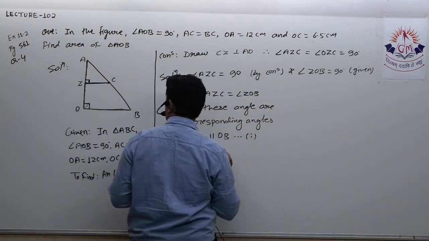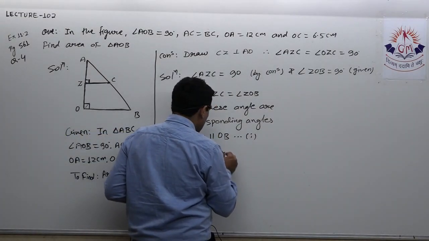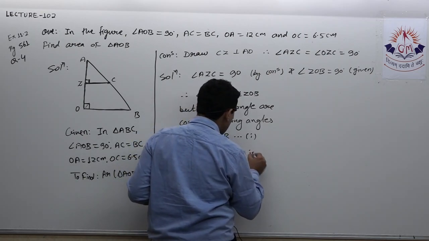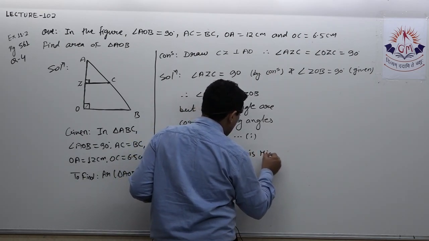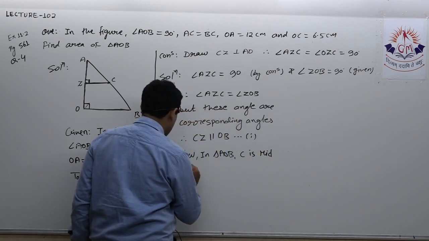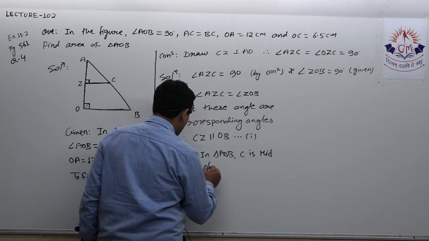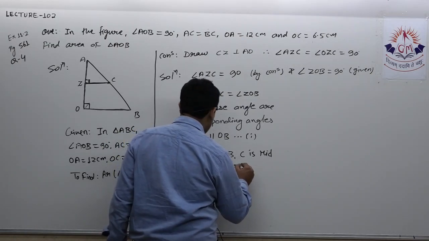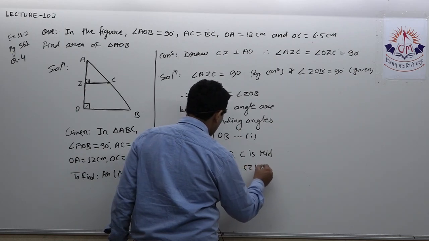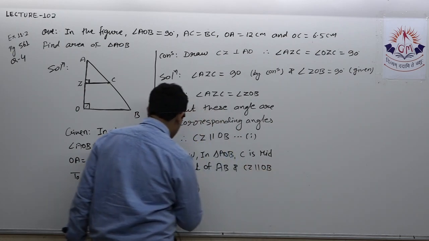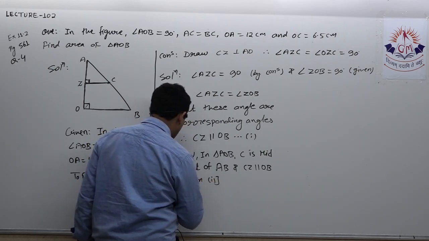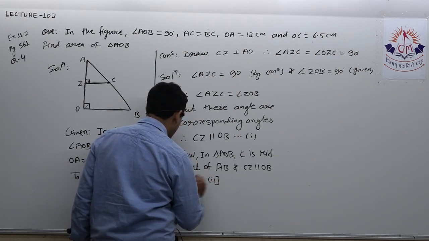Now in triangle AOB, C is midpoint of AB, and CZ parallel OB from first.